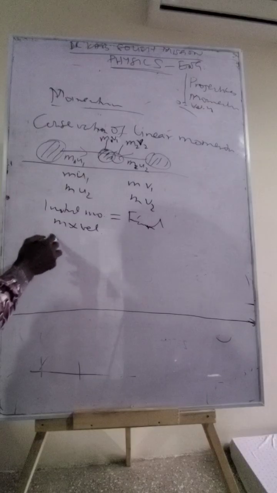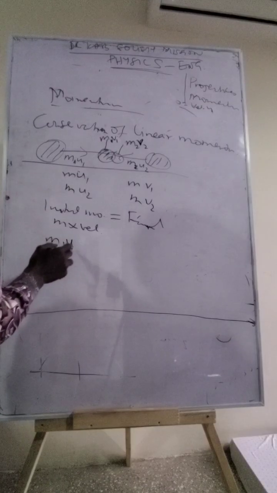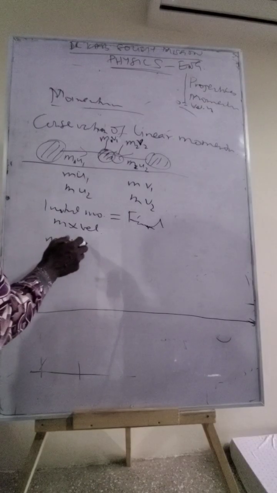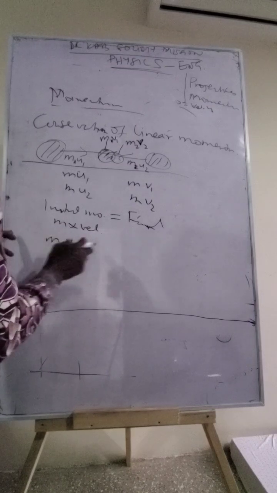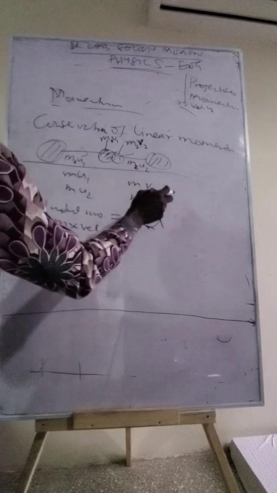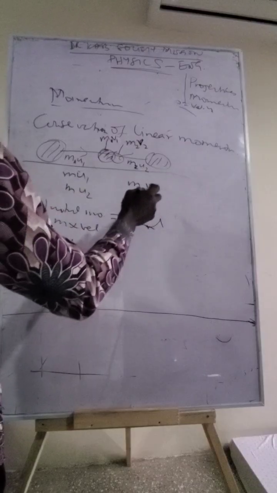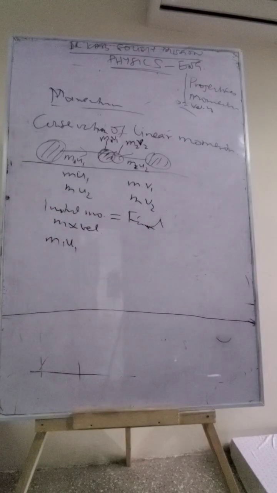So that will be m1 u1. If you do that as you go along, you should get the same thing as the first one.